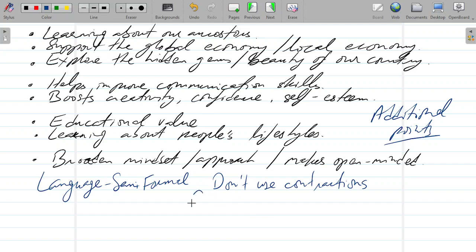You can use figurative language. Figurative language would include idioms, similes, metaphors, stuff like that. You can also include humor. In fact, depending on your audience, since you're writing it for young people, if you can include humor of some sort, that would be a good touch.